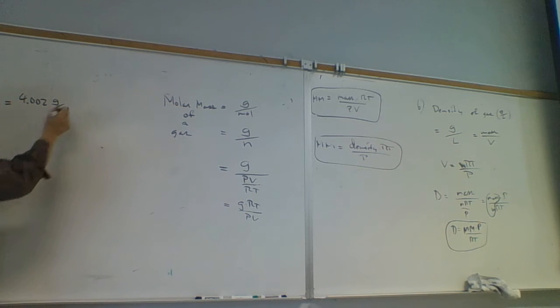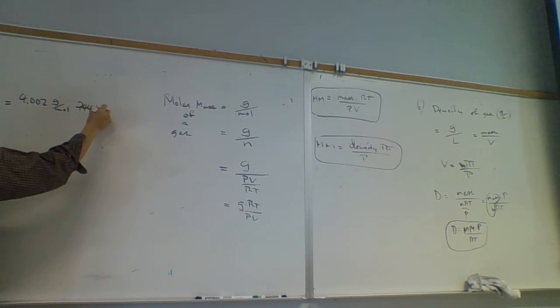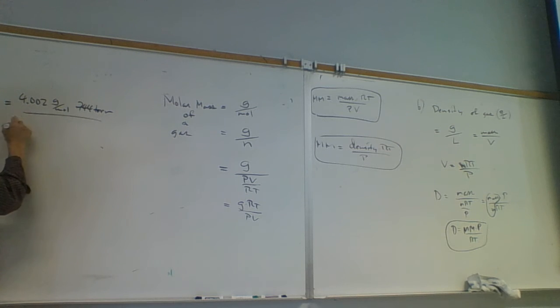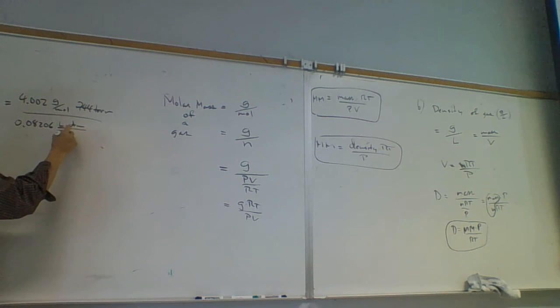What is P? 744 torr. What is R? R is 0.08206 liters times atmosphere per mole Kelvin. And what is T?